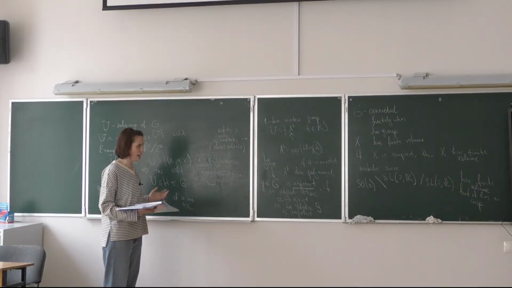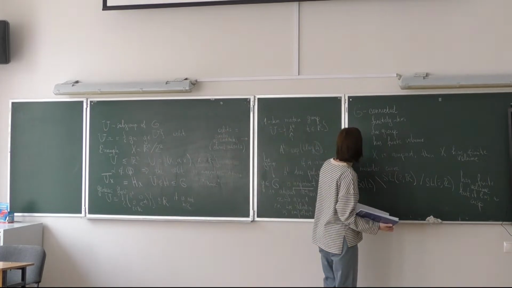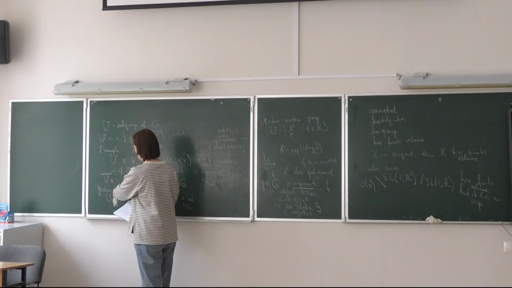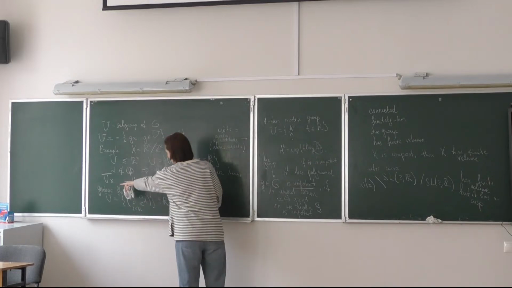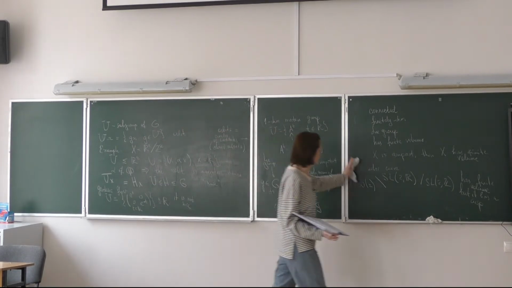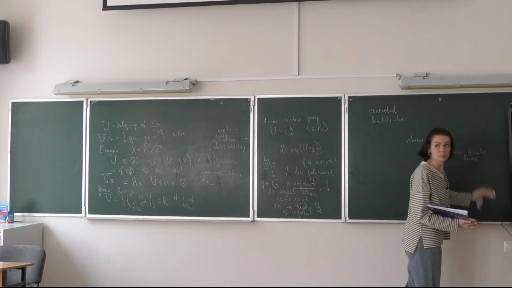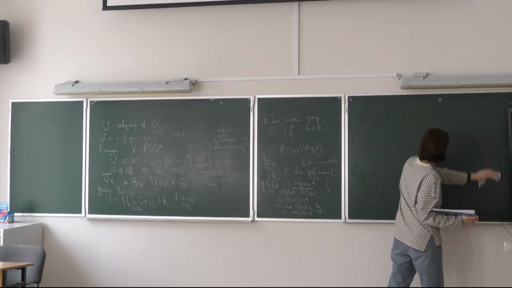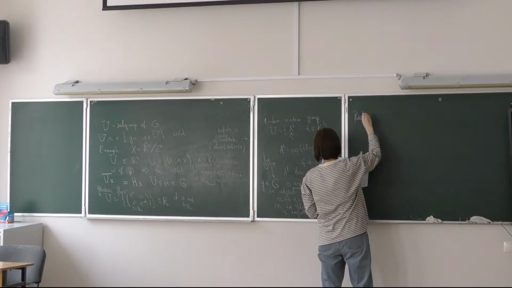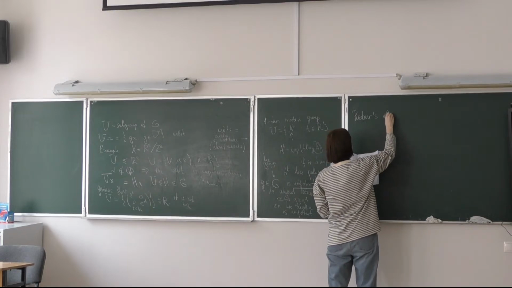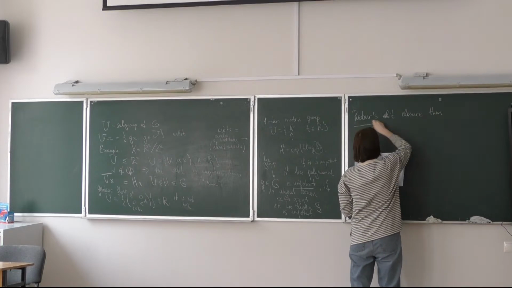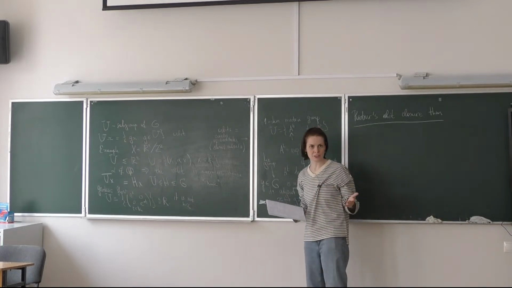So what exactly did Ratner state then? Basically, in her first theorem, she stated exactly what I said. She said that in the case of a unipotent flow, she can guarantee that the closure of any orbit is something nice and geometrically observable. The first theorem is called Ratner's orbit closure theorem.